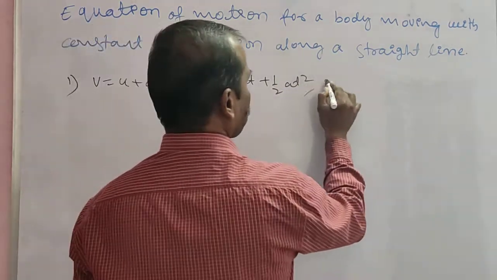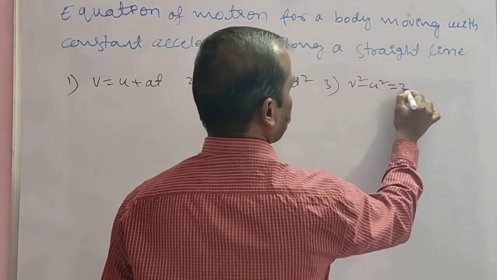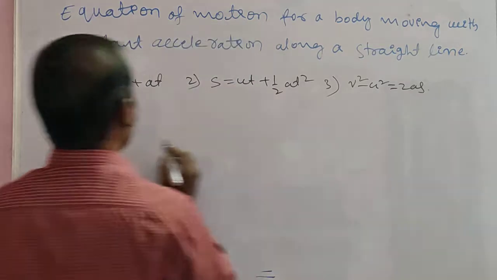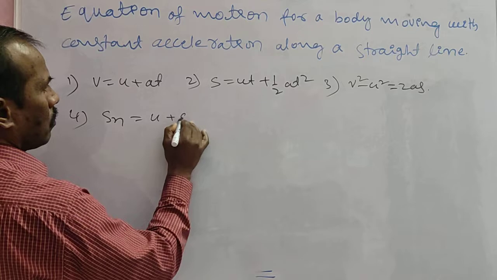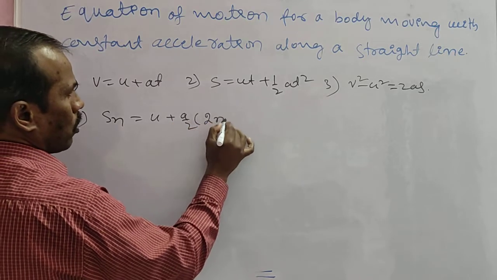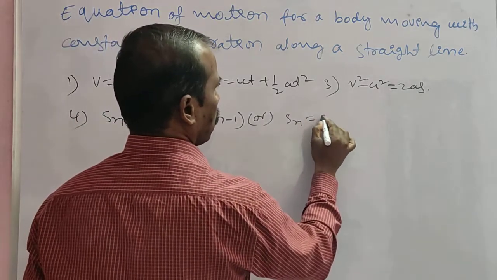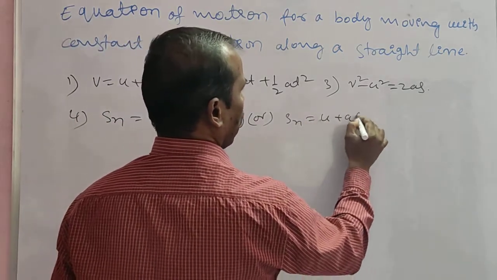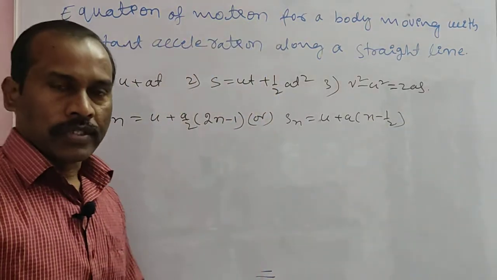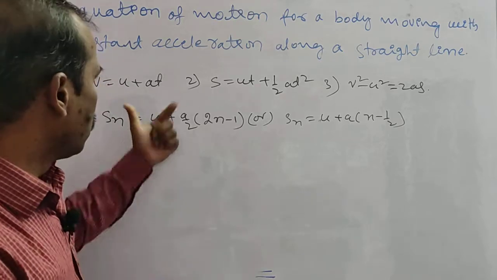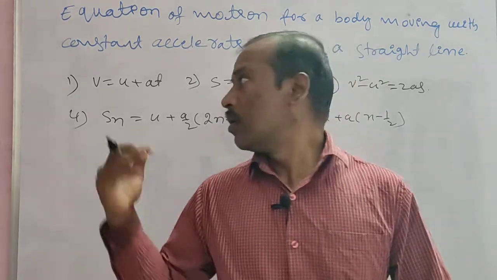The third equation is v² - u² = 2as. The fourth is Sn = u + (a/2)(2n - 1), or Sn = u + a(n - 1)/2. These are the kinematic equations, relations between any two terms.